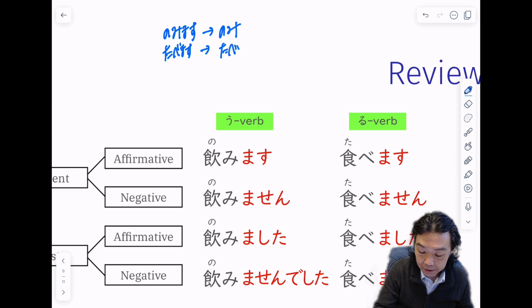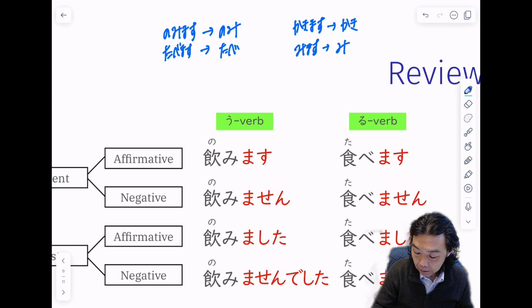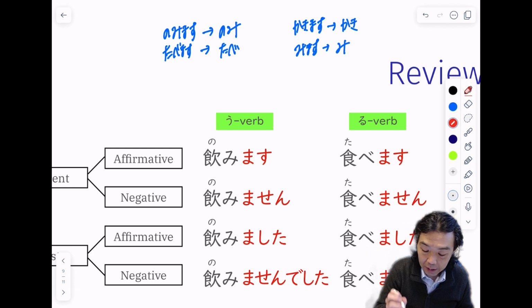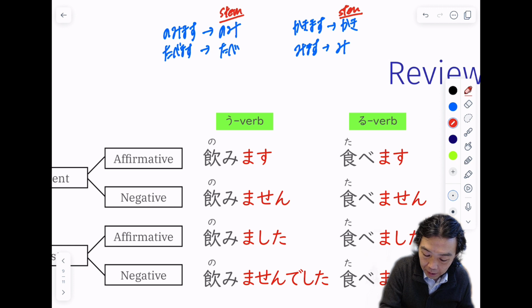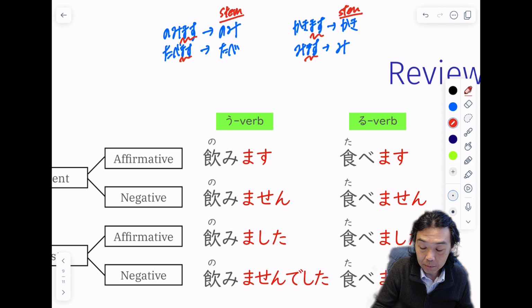Another example is kakimasu, which becomes kaki, or mimasu, the stem is mi. So basically we are getting stems by removing masu from the polite form. Nomimasu, stem is nomi, tabemasu, stem is tabe, kakimasu is kaki, mimasu is mi.